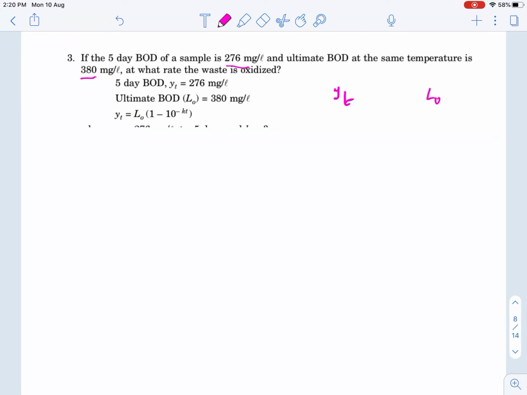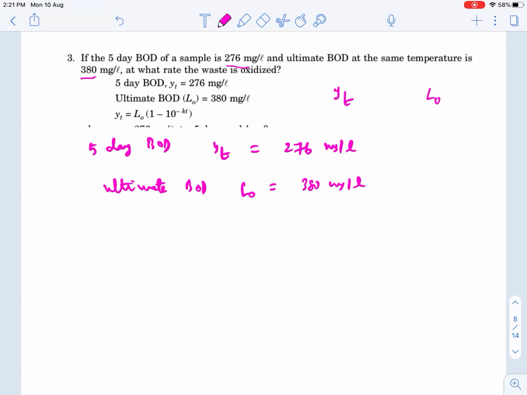So you have to calculate the rate at which the waste is oxidized. So 5-day BOD is nothing but YT is equal to 276 milligrams per liter, and ultimate BOD L naught is equal to 380 milligrams per liter.